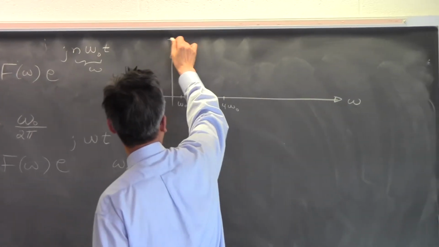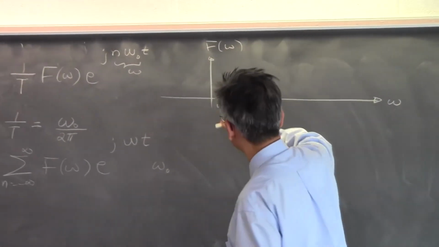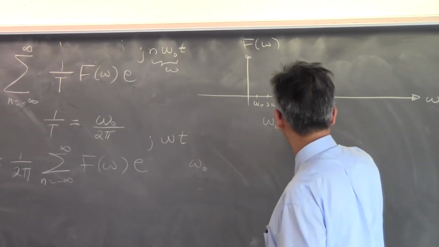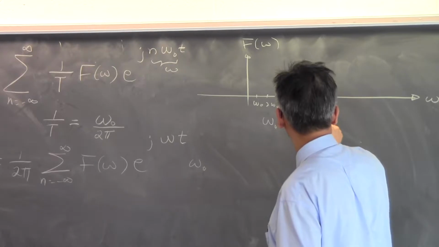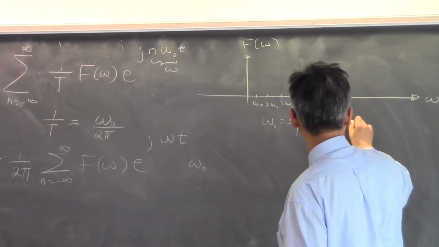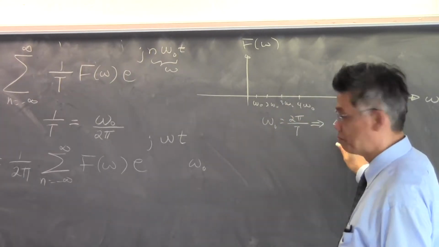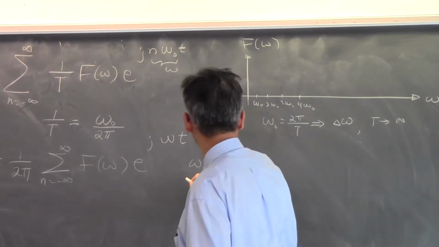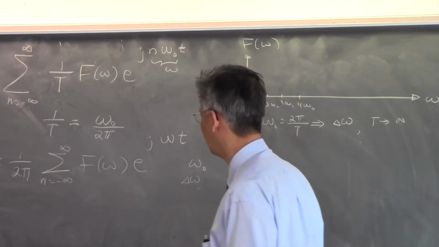If you think of f of omega as such, then omega naught, which is equal to 2 pi over T, becomes a very small number as T goes to infinity. So you can think of this as likened to a delta omega.